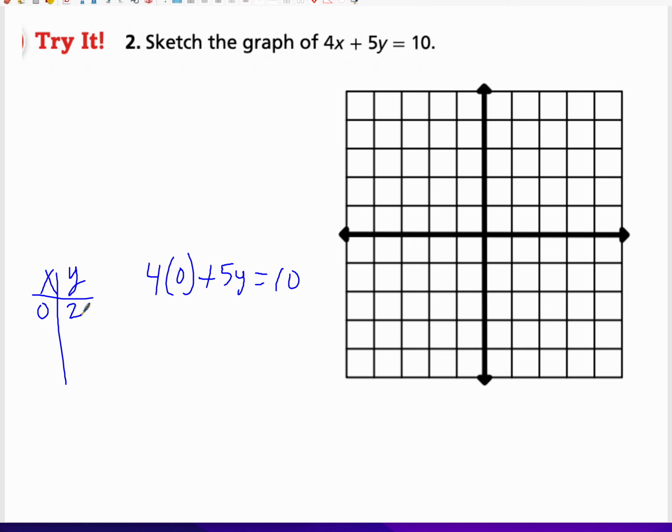And then if I put a 0 in for y, so 4x plus 5 times 0 equals 10, x is 2.5. So that would be 2.5, 0. All right, so 0, 2, and 2.5, 0 is like that.